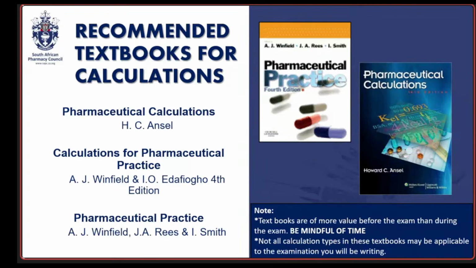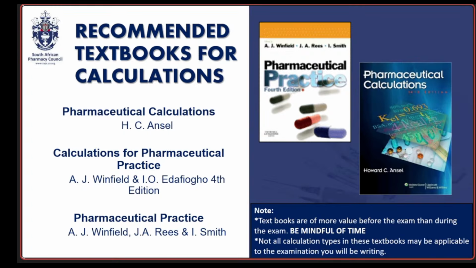Okay, the textbooks that are recommended for the calculations: Pharmaceutical Calculations by H.C. Ansel, Calculations for Pharmaceutical Practice by A.J. Winfield and I.O. Edefigo, the 4th edition, and Pharmaceutical Practice, again by A.J. Winfield, J.A. Rees, and I. Smith. Please note that the textbooks are of more value before the exam than actually during the exam, because if you're going to start looking for how to do calculations in the textbooks, you're going to waste a lot of time.